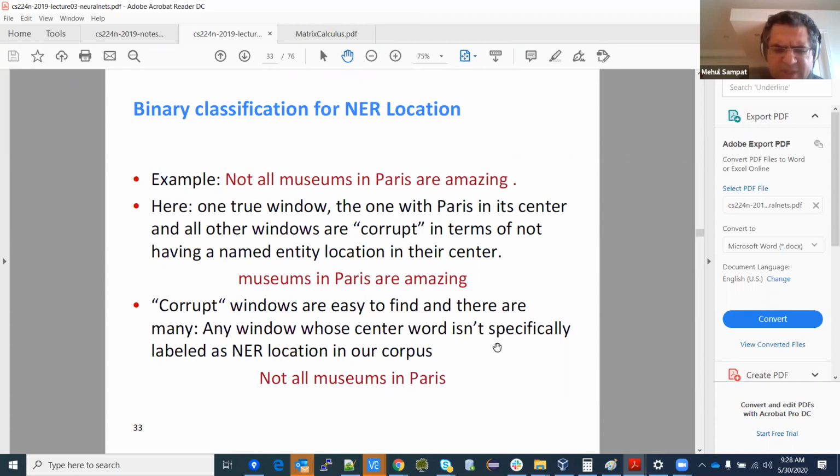I didn't follow this corrupt windows part. If anybody has... Yeah, it's the same as negative sampling, which I think was mentioned in the previous lectures. Bottom line is you want to increase the probability of the correct things being named as location.